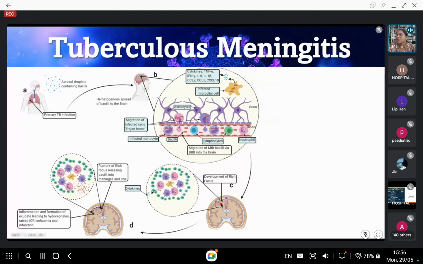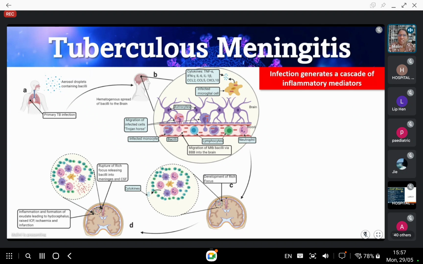And from this Rich focus, if it ruptures, the inflammation and the cells actually release the bacilli into the meninges and CSF, and then that's when you form your exudates, which will lead to hydrocephalus and ischemia.